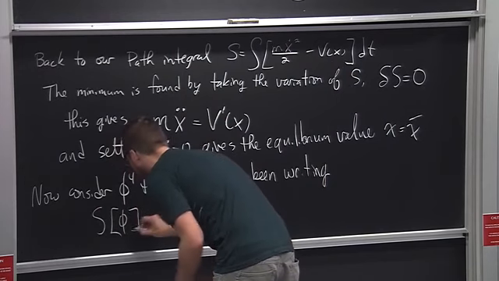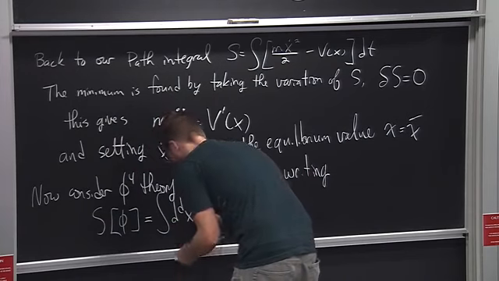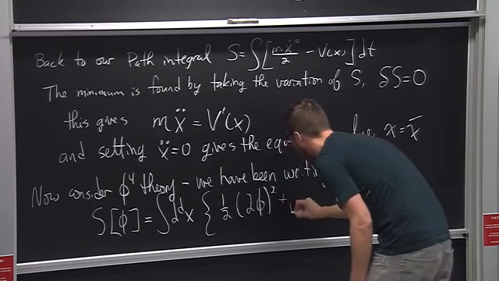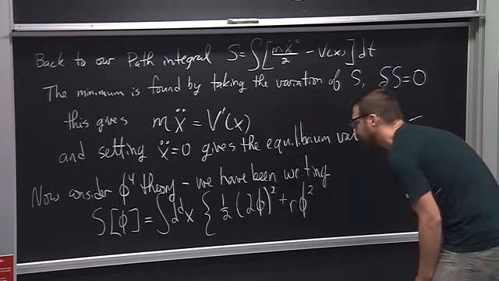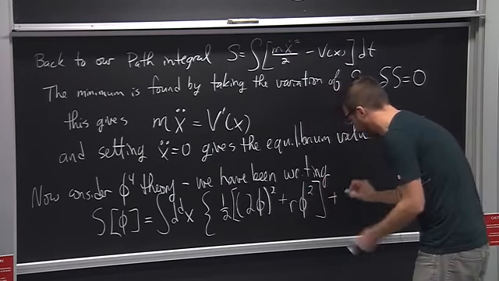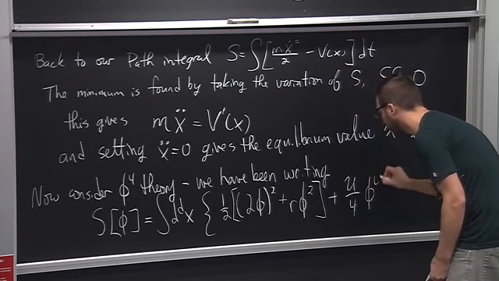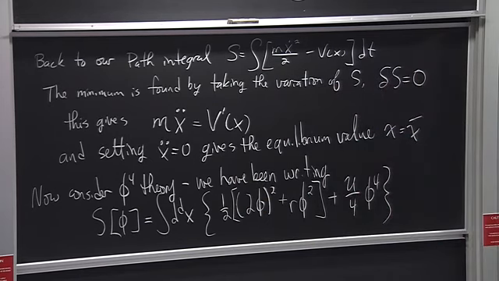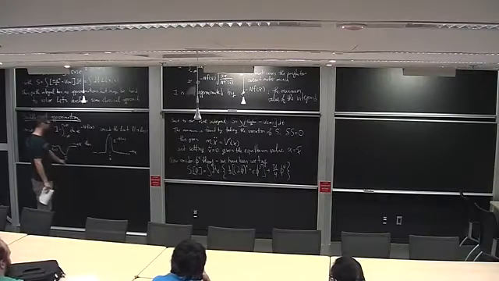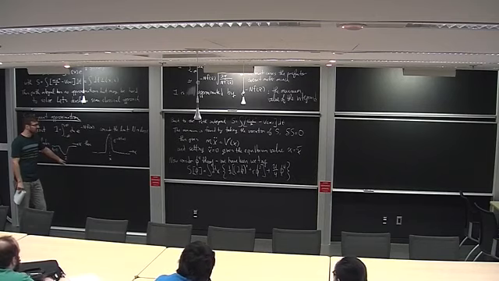S of phi, I have a half in front of both of these terms, and this is my interaction term. Similarly, in order to use the saddle point approximation, I want to find the minimum of that action, the phi value that gives me the minimum.